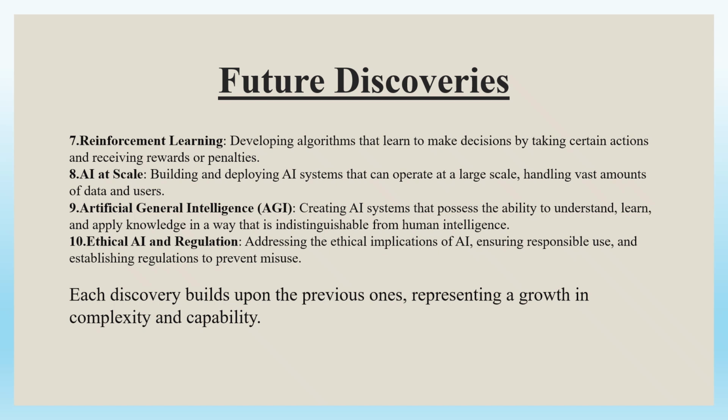And number 8, we need an AI that works at a large scale, because we're still talking about smaller scale, like when we said that AI is used in specific industries.